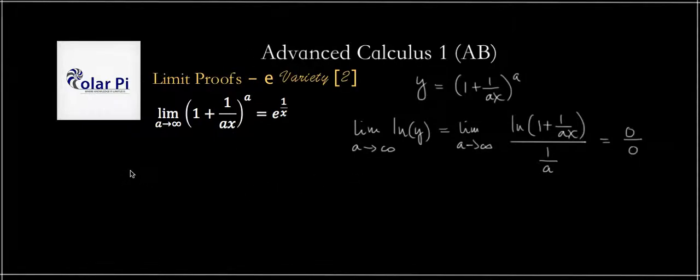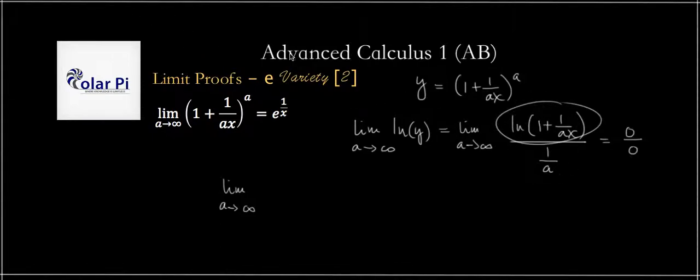L'Hopital's rule tells us that this limit is the same as the limit as a goes to infinity of the derivative of this numerator divided by the derivative of this denominator.